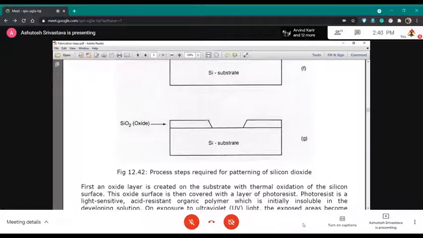So these steps are repeated all the time to form patterns, to expose the region and to etch away the undesired oxide or metal depending upon the requirement.